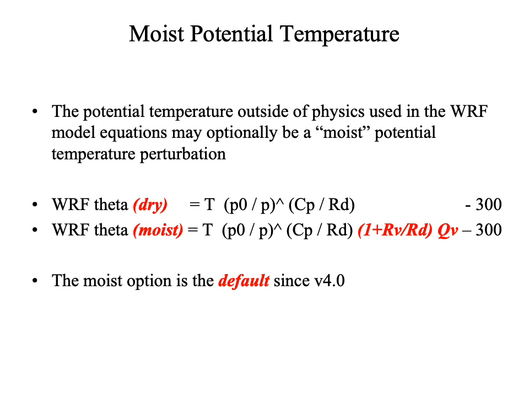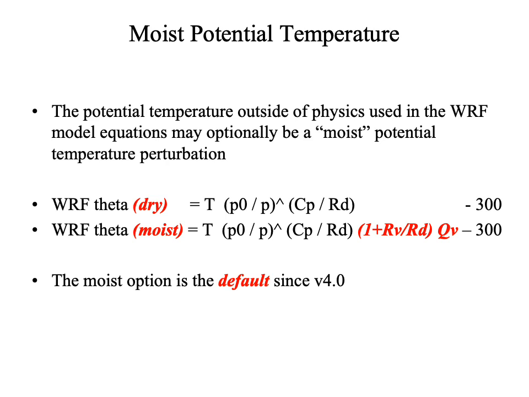Users have to be a little bit careful when they're interpreting the data that comes out of the WRF model or the real program. The variable T is the dry potential temperature with a 300 Kelvin offset removed.